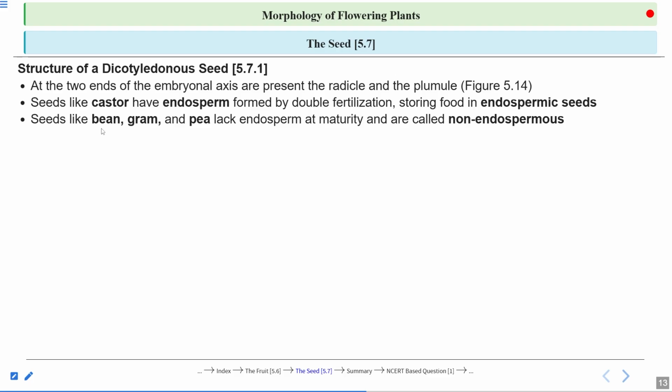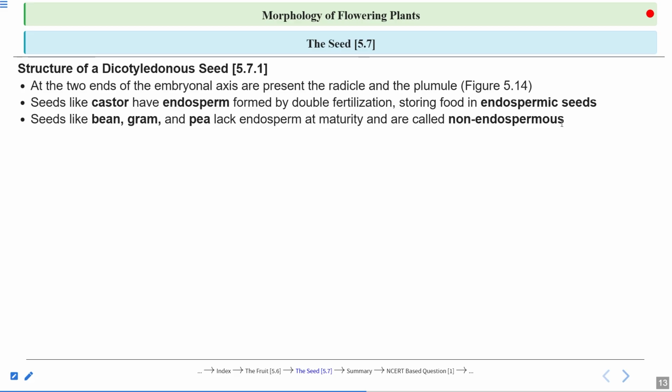And seeds like bean, gram and pea lack endosperm. The endosperm has already been used up, and at maturity they do not have any endosperm. So that type of seed is called non-endospermic.